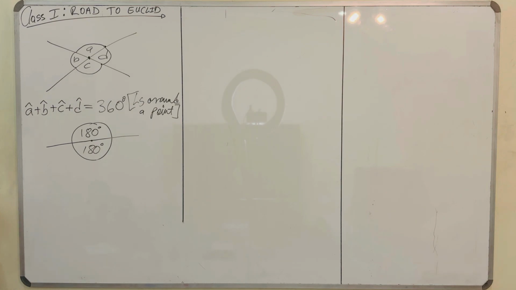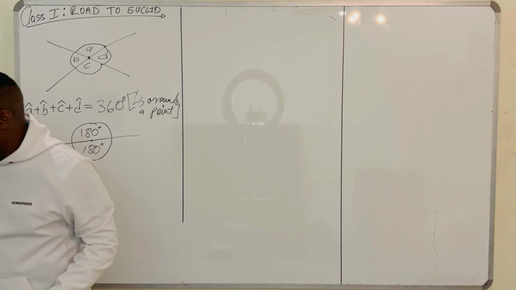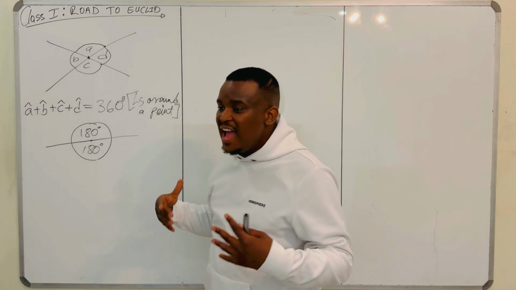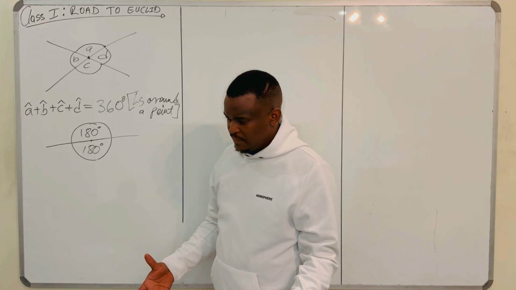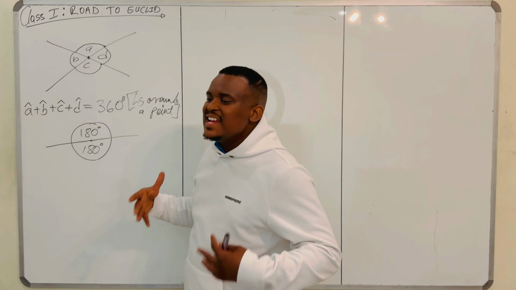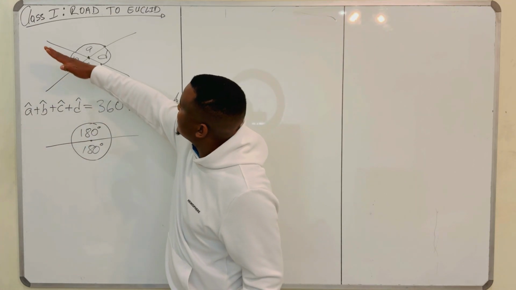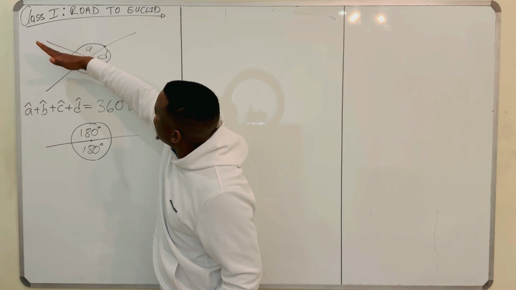Yes. Okay. So, in simple terms, a straight line will have half the angles around a point. Does that make sense? Yes. You can see here you have these two lines meeting, right? Another straight line will have another half.